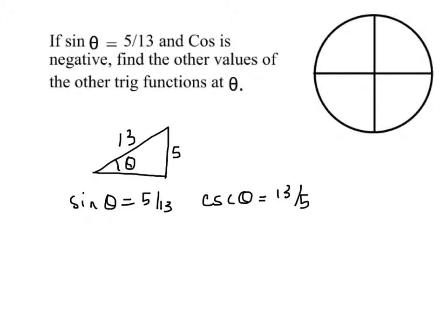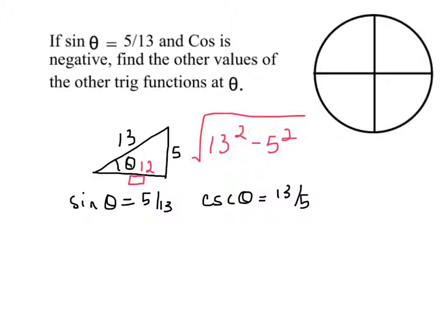But now I need to do a little bit of math to get the rest, because I need to know what this side is. Because if I'm going to do cosine, I need to know what the adjacent is. Of course, I can use Pythagorean theorem. 13 squared minus 5 squared, the square root is 12. So I can fill that side in as 12.